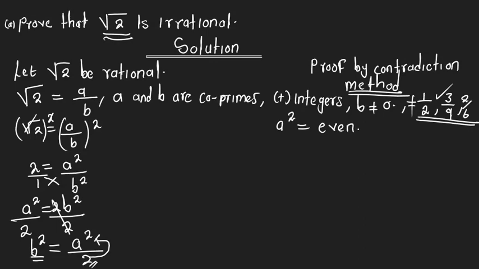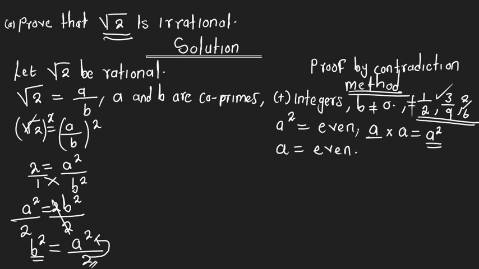If a squared is even, then this simply means that a is even. So a is even.